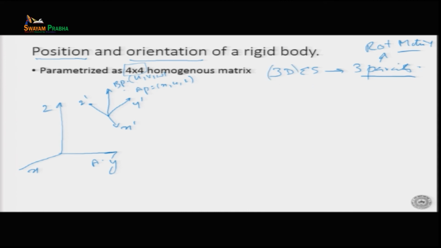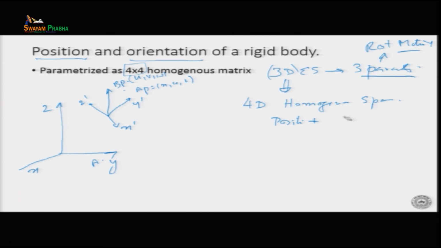So, we have no more parameters. So, we have to move into a higher dimensional space, which is called the 4D homogeneous space, which can take care of the position plus orientation.